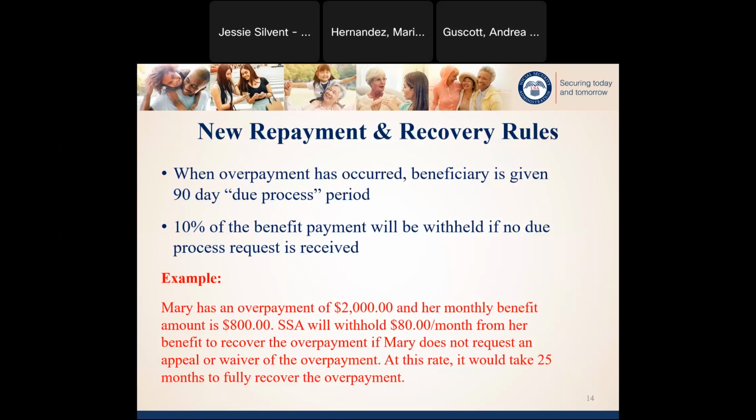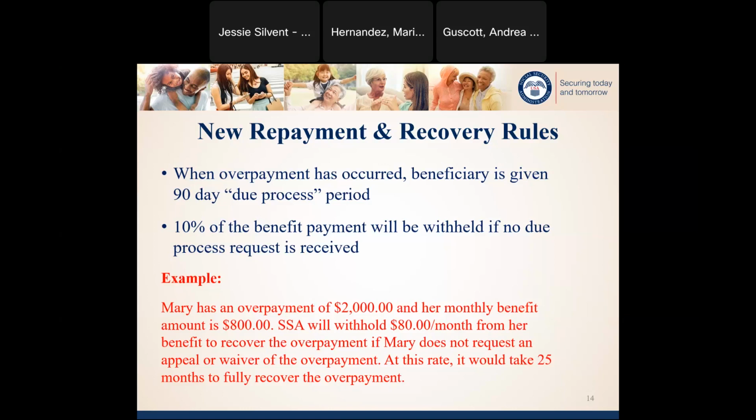So earlier this year, SSA changed its overpayment recovery policy for any overpayment falling under the Retirement, Auxiliary, Survivor, and SSDI, or Social Security Disability, programs. Now, when a beneficiary is informed of an overpayment, they have a 90-day due process period where SSA will not make any overpayment collection or recovery attempts, to allow that person time to consider their repayment or their appeal options.